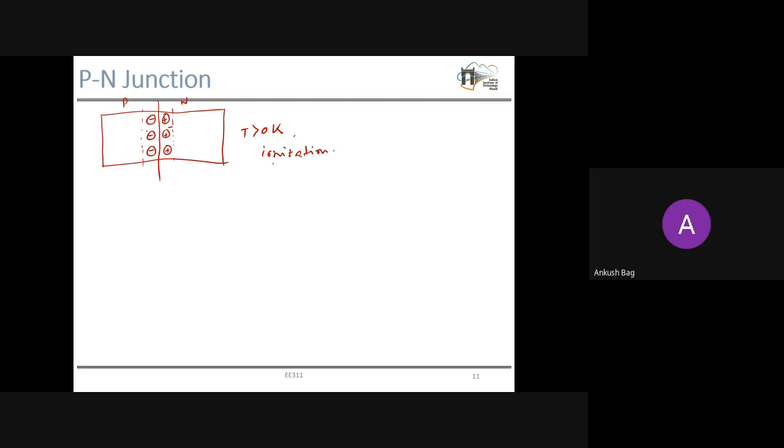Another important thing happening is that these carriers are getting thermal energy. These moving carriers now have some thermal energy because we have provided some temperature to our semiconductor, so T is greater than 0 Kelvin. So we have ionization, which means we have free carriers, and those carriers have thermal energy.